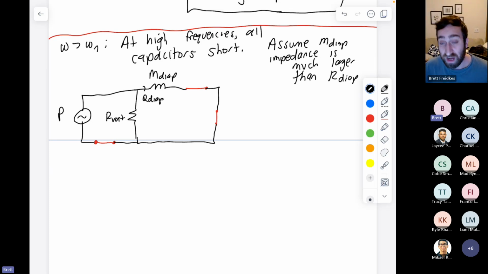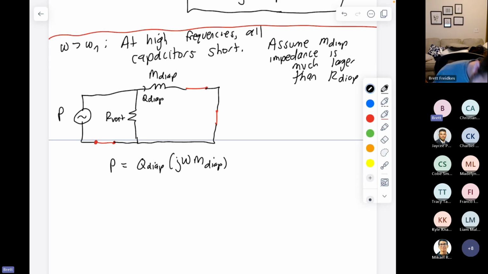Just like before, because they're perfectly in parallel, we'll say that the pressure drop has to be equal to Q of the diaphragm times the impedance of the mass, which would be j omega M of the diaphragm. Remember, this is still Ohm's law, V equals IZ, except acoustically speaking.